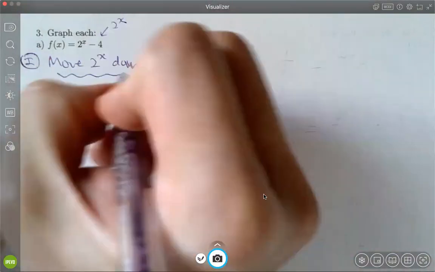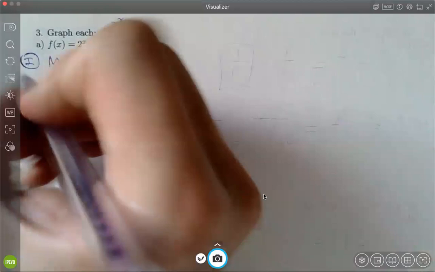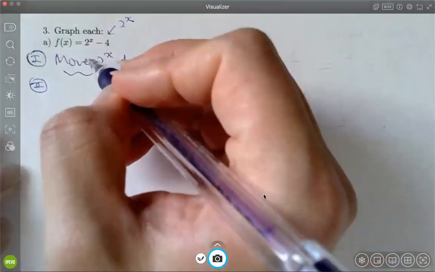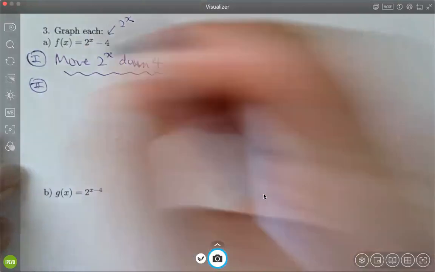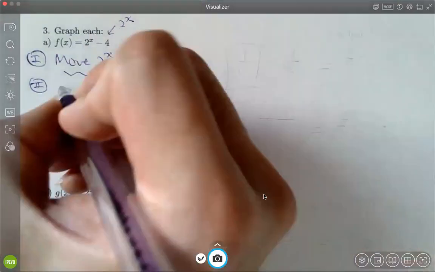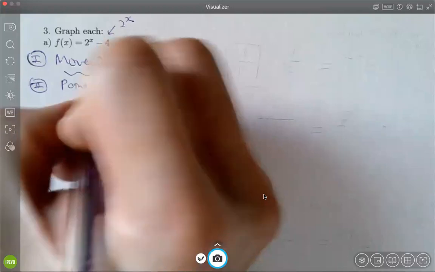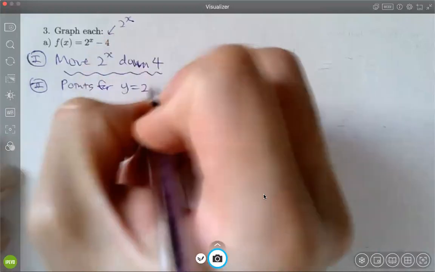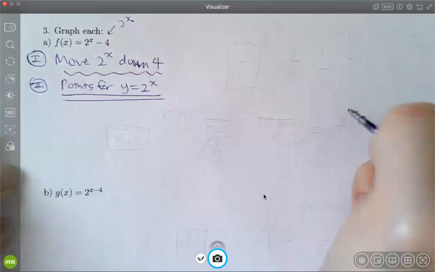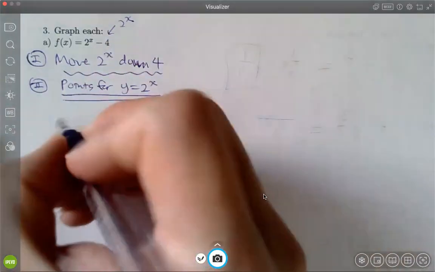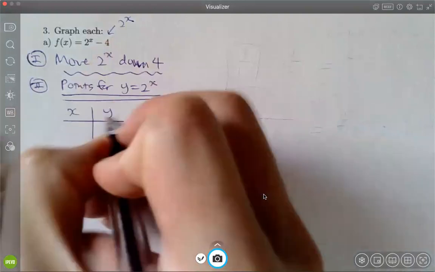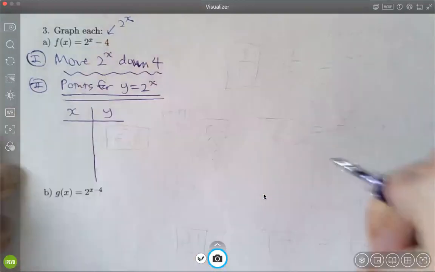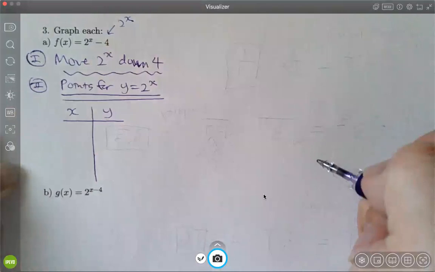So now, instead of choosing several points for 2 to the x minus 4, let's choose several points for 2 to the x. So now, earlier we chose like -2, -1, 0, 1, and 2.